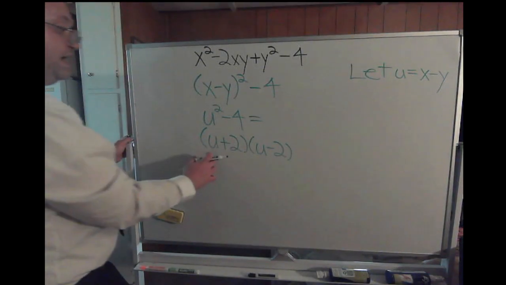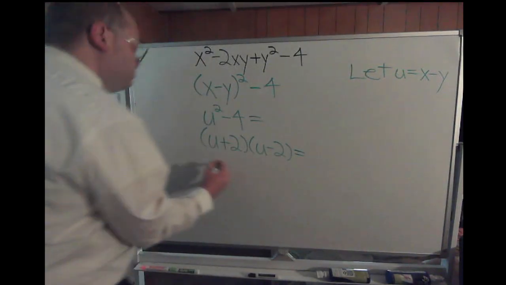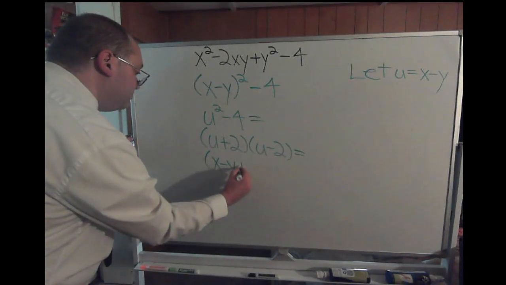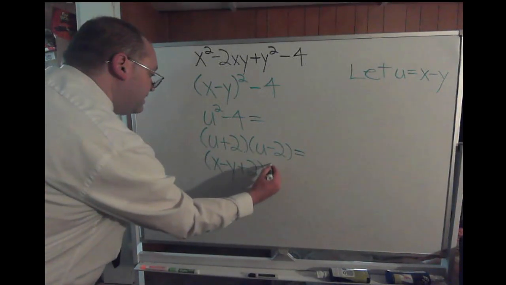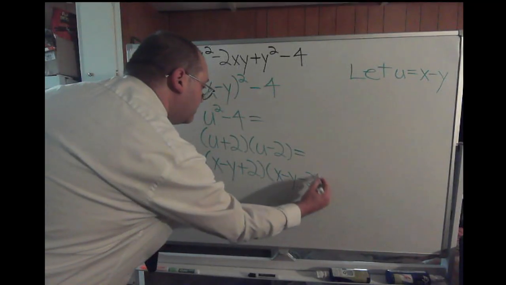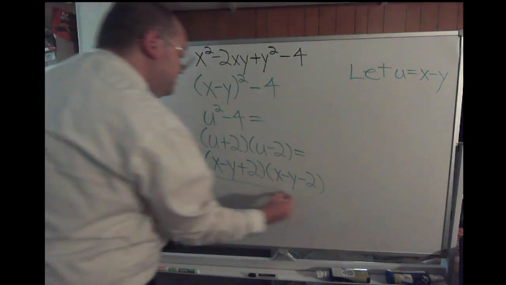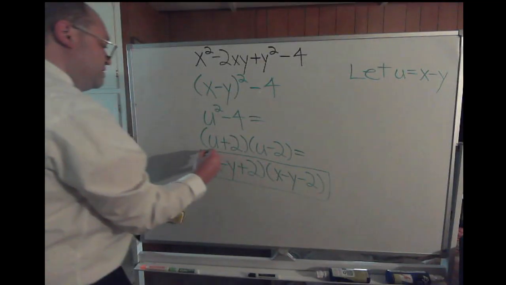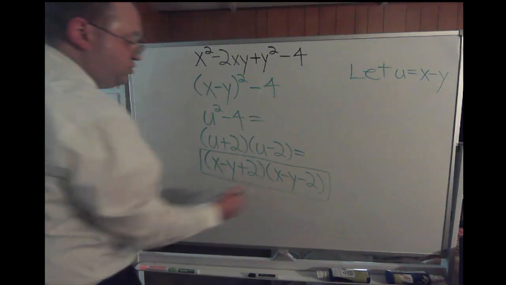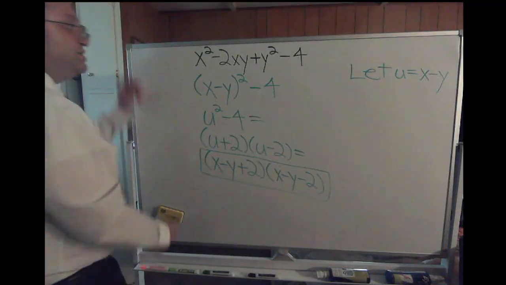Now we just put the value of u back in, which would be x minus y. You would get (x minus y plus 2) times (x minus y minus 2). And that would really be your answer for this. It would be the quantity (x minus y plus 2) times the quantity (x minus y minus 2).